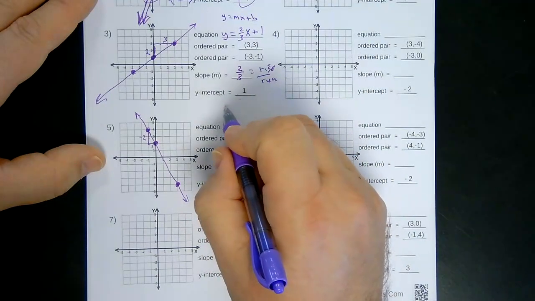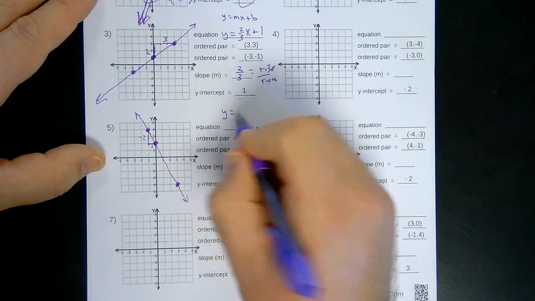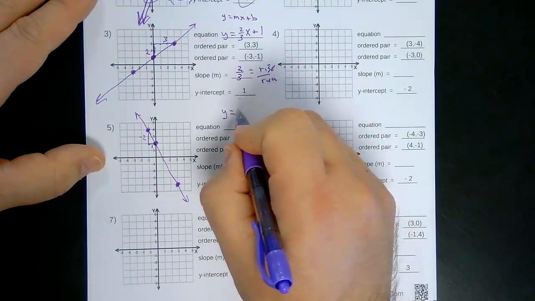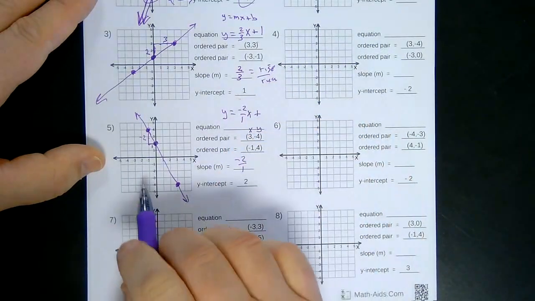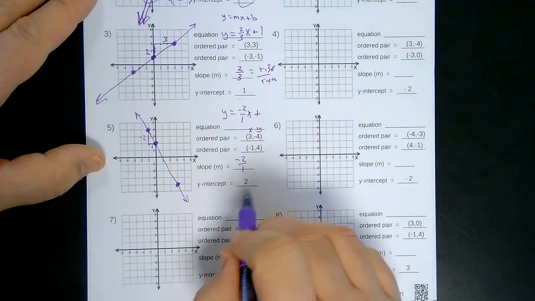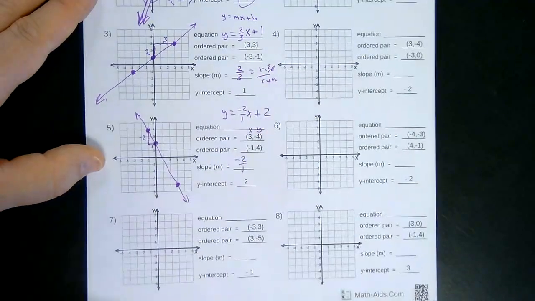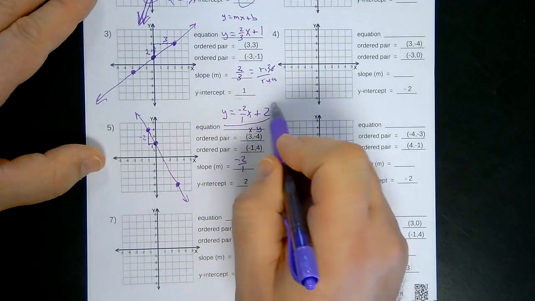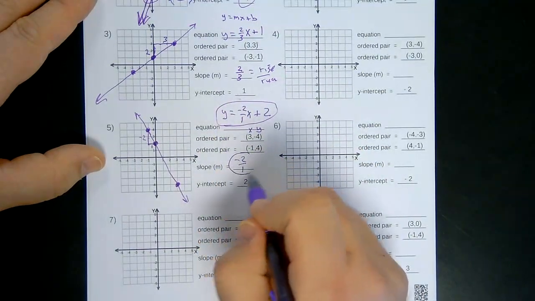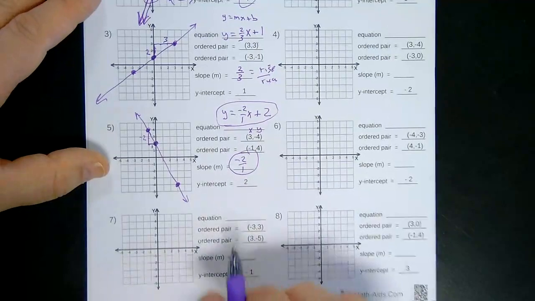Now I can write my equation. Y equals my slope, -2 over 1, x, plus my y-intercept, which they tell me right here is 2. And you can verify that. There it is, 2 right there as well. So there are the answers that you're looking for, those two answers.